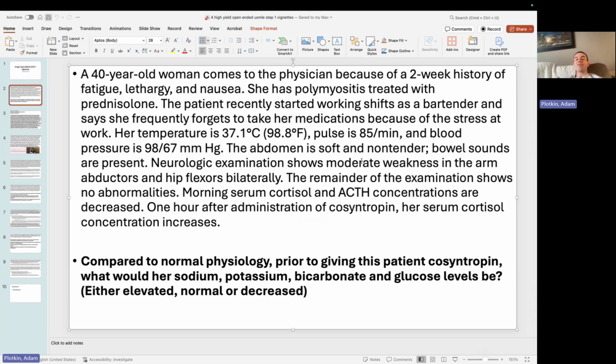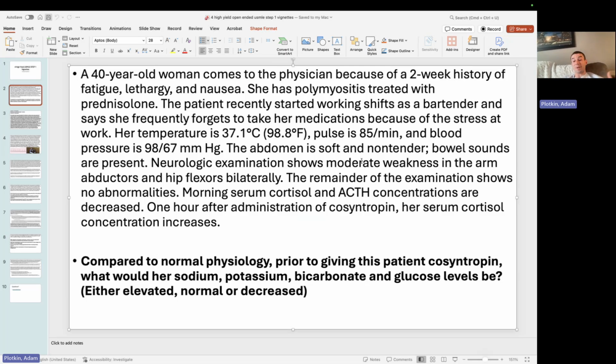So in this patient, I'm going to tell you, this patient likely has secondary adrenal insufficiency, all right? So she has polymyositis, right? So remember, polymyositis is an autoimmune destruction, usually of my proximal muscles, okay? Without the skin manifestations of dermatomyositis. So she's not going to have heliotrope rash. She's not going to have Shawl sign. She's not going to have Gottron papules, all right?